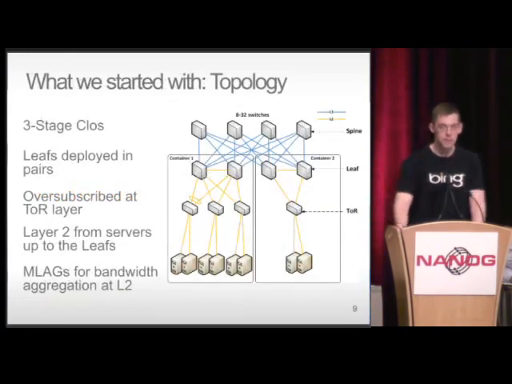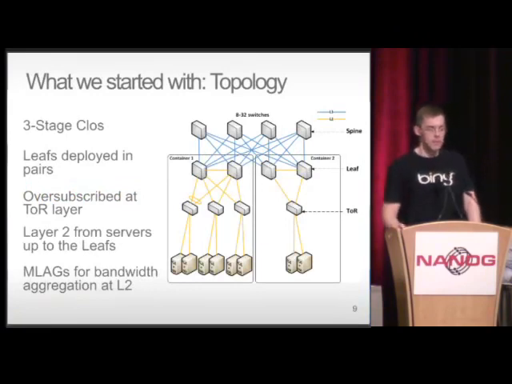Our initial design was exactly a Clos topology which had anywhere from 8 to 30 switches in the spine layer, and which connects our containers, because we mostly use container deployments in the data centers, and links them into a single fabric inside the data center.